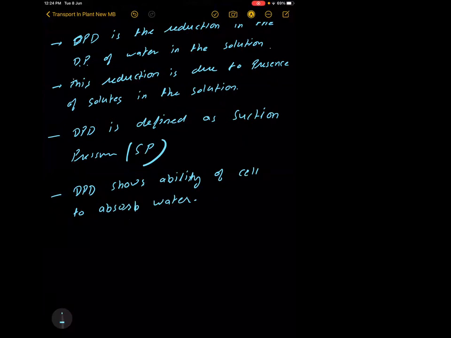And there is a relation between these three terms, DPD, OP, and TP: diffusion pressure deficit, osmotic pressure, and turgor pressure. So here the relation: DPD is equal to OP minus TP.